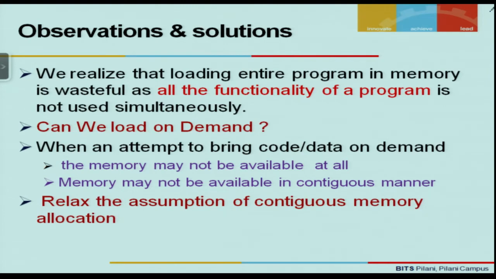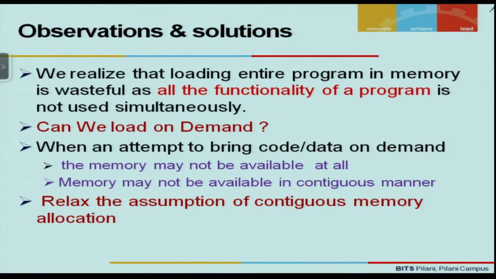If we try to think of this strategy where load on demand is to be permitted, then immediately we can see that it is possible that when the demand arises, number one, the memory may not be available at all in the system, whereas in the previous approach a process was completely allocated memory before it was loaded into the memory.